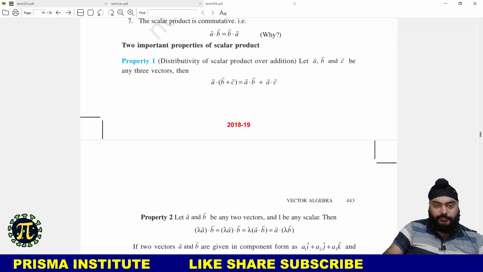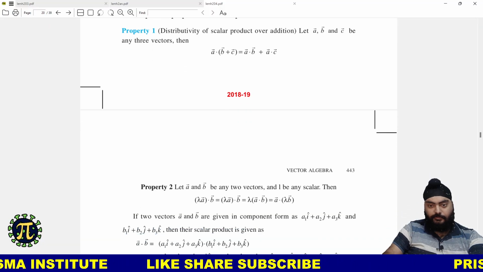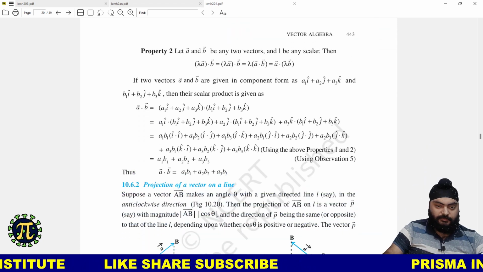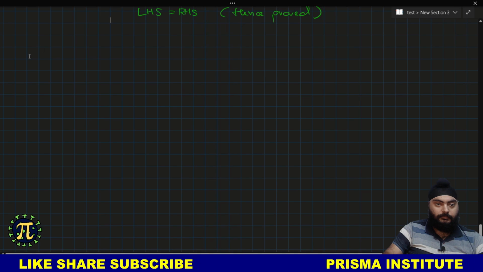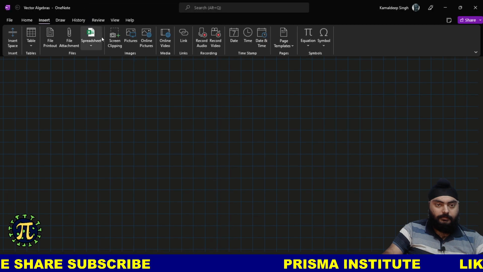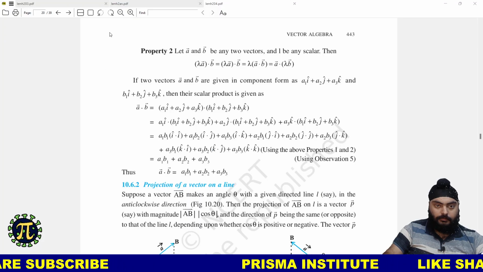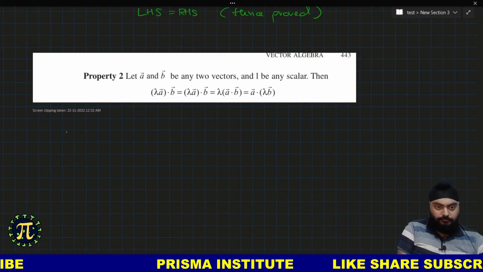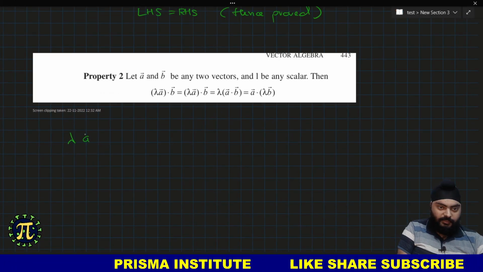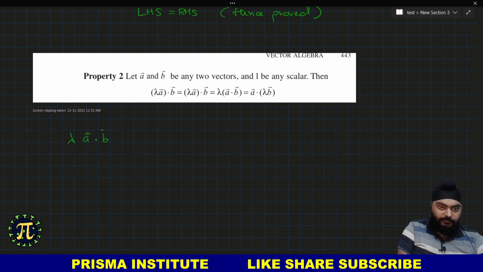Now let's see. Next is property 2, the multiplication of lambda. So lambda times a vector dotted with b vector.